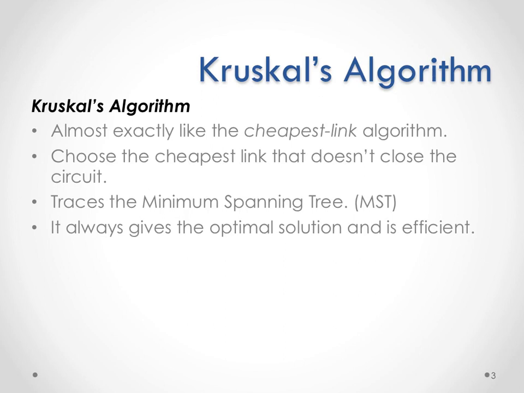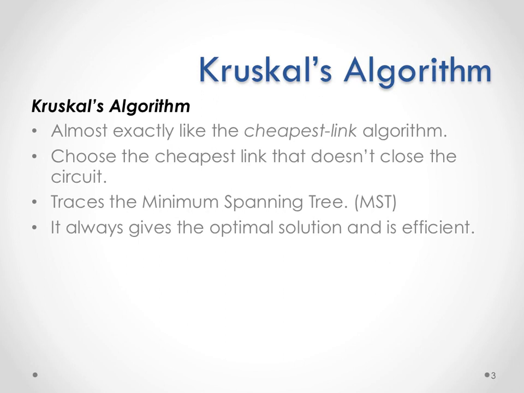If you remember the cheapest link algorithm, it's almost exactly like that. The cheapest link, remember, that's from the Hamilton circuit unit, where all you do is focus on the smallest or cheapest links. So second bullet, we choose the cheapest link that doesn't close the circuit, and then this algorithm will trace the minimum spanning tree.